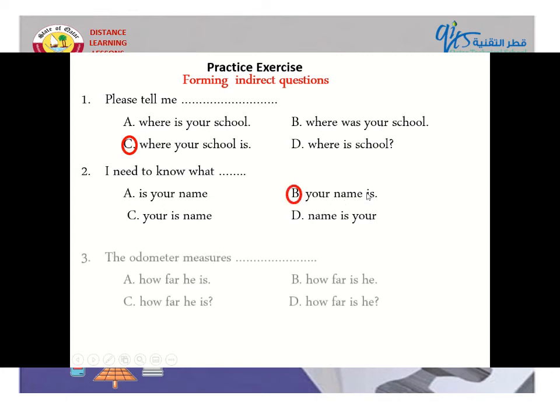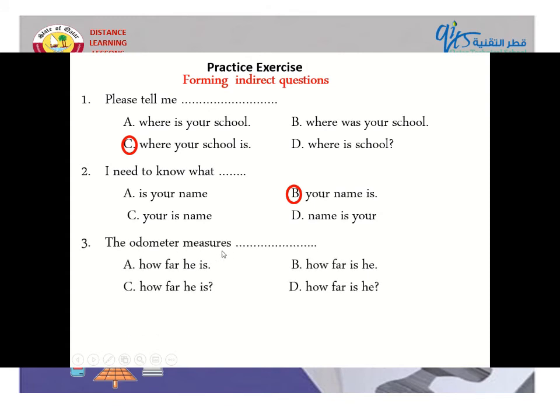And the last question here, we have the odometer measures ___. Okay, so we need question word, subject and a verb. So we have how far he is. Yes, we have question word, subject and a verb. This looks good. Now let's go over the other options to make sure. B, how far is he?